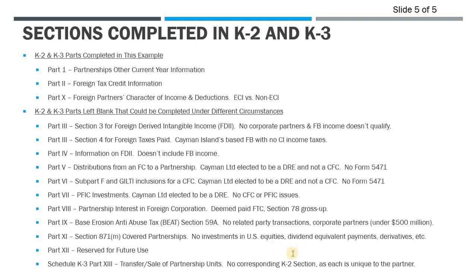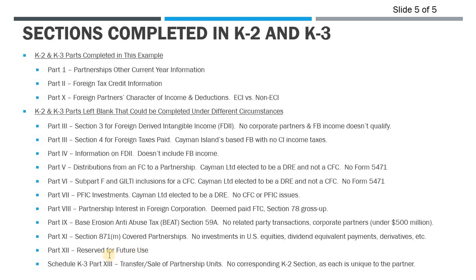So you have an 871 partnership if you have foreign investors that are receiving funds that find themselves dipping into this realm of dividend equivalent payments, derivatives, things like that. If you have a partnership set up like that, you'll kind of know it when you see it. Otherwise, this is really not applicable to you, and certainly not applicable in our case. We have nothing creative here from a U.S. equity or derivative payment plan type of payment arrangement.